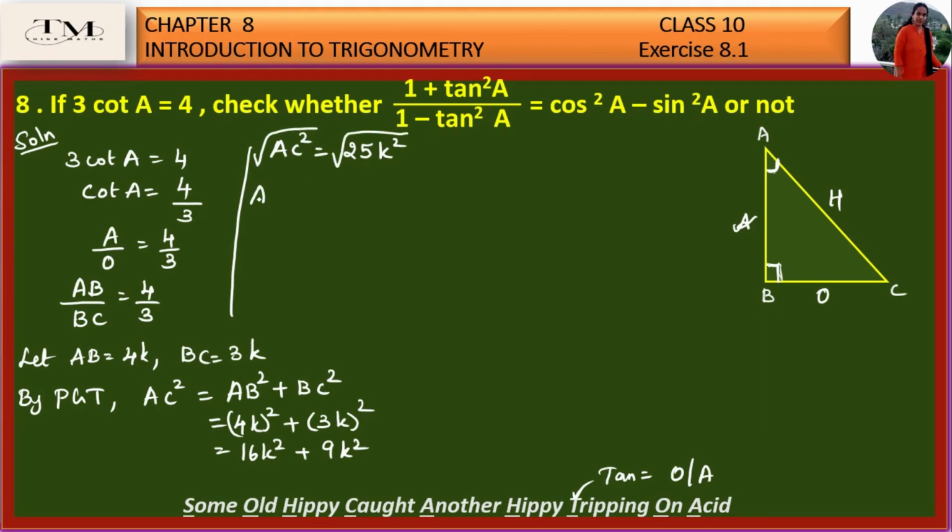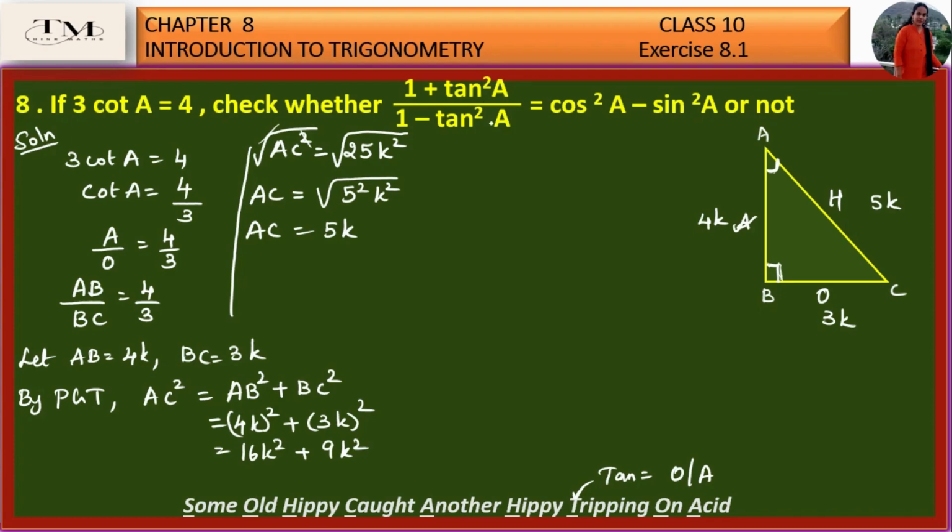The square root and the power 2 get cancelled. 25 is nothing but 5 square, so it is 5 square K square. The power 2 gets cancelled by the root, so the answer will be 5K. So AC is equal to 5K. We got all the values: AC is 5K, BC is 3K and AB is 4K.